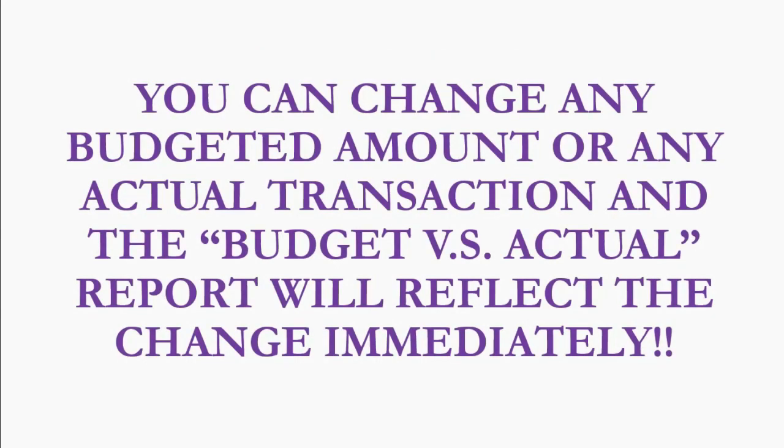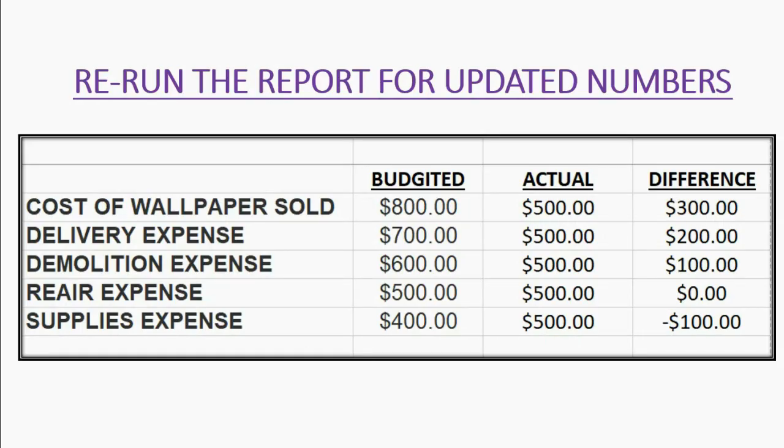You can change any budgeted amount or any actual transaction, and the Budget versus Actual report for that specific budget will reflect the change immediately. All you have to do is rerun the report for the updated numbers.